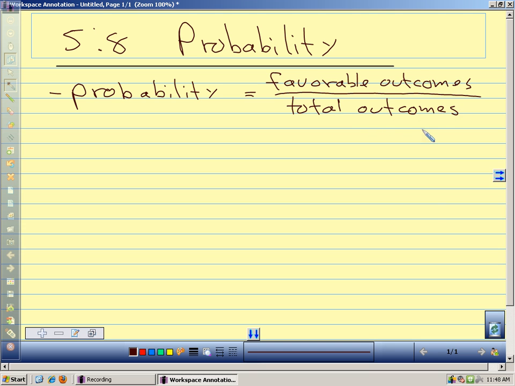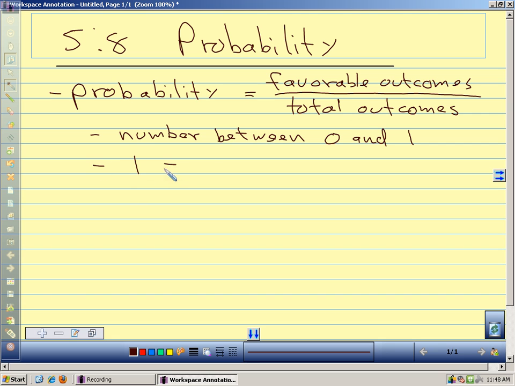And we come up with these numbers depending on what our situation is. And when we calculate probability, we always get a number between 0 and 1. So we either get a fraction or a decimal, and sometimes we'll turn that into a percent, but it's always between 0 and 1, or 0% and 100%.